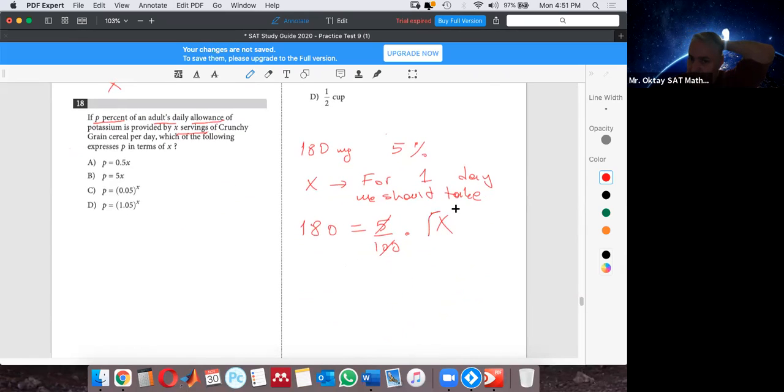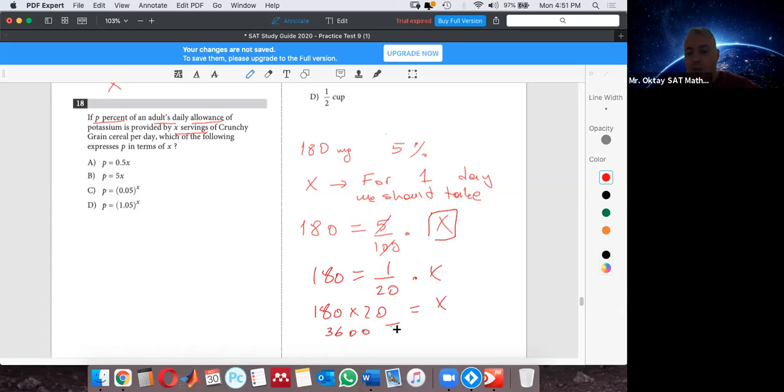To find the daily allowance, I can use this formula. 5 over 20 will be, what will be 1 over 20? Is it correct? Times X. So 180 times 20 will be X, which is 3600. This is now the total amount for 1 day.